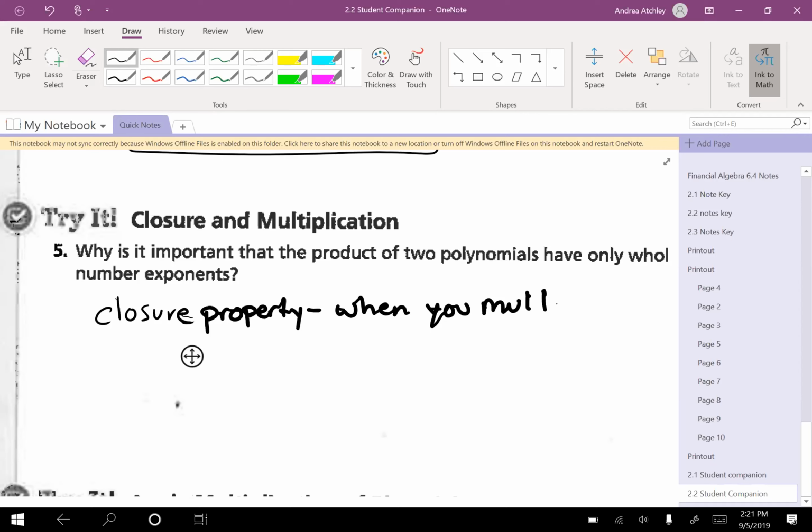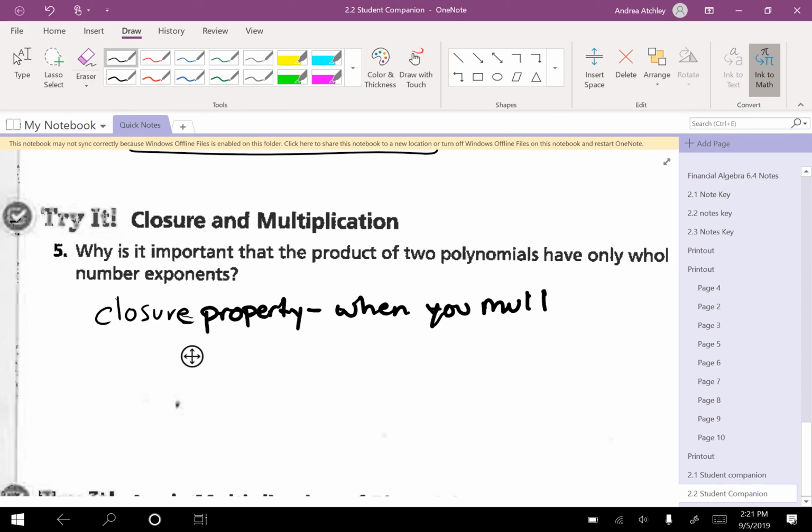This is the same thing with polynomials. Although polynomials are a little bit more complex than integers, okay, it is the same idea. Okay, if I add, subtract, and multiply polynomials, just what we've been doing today and yesterday, my answer always ends up being a polynomial. Okay? So that's why the closure property is important.